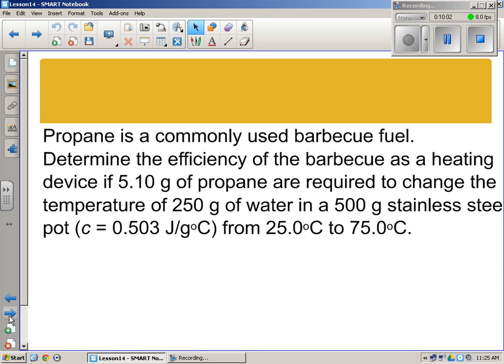That's the question. Well, let me ask you this. If we're talking about efficiency, when you see this word, you need two parts. You need how much energy was actually taken in and how much energy was actually produced, right? It's still an energy lost, energy gained thing, but we're comparing how much energy was given off to how much energy was actually taken in.